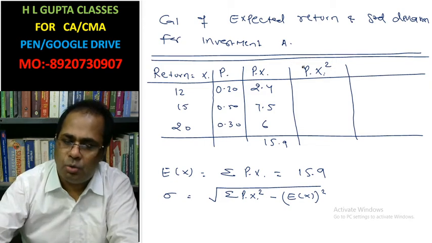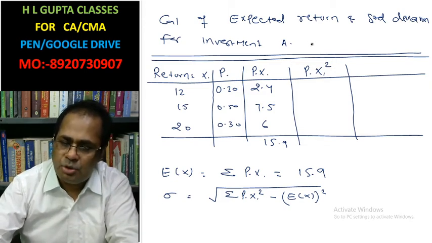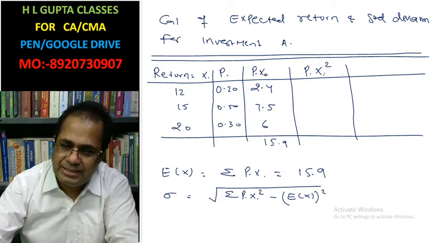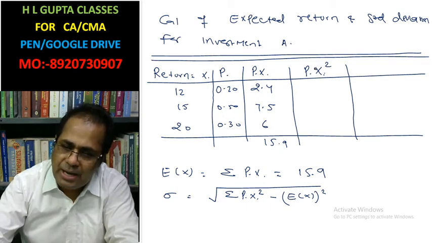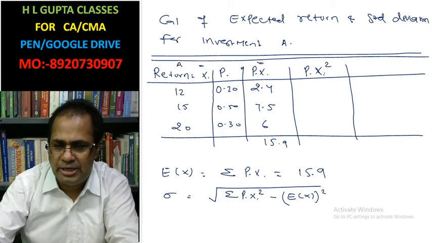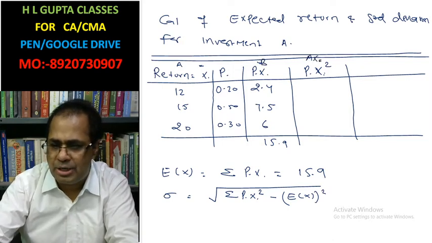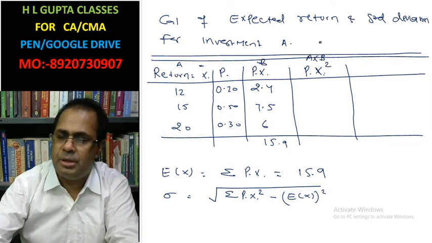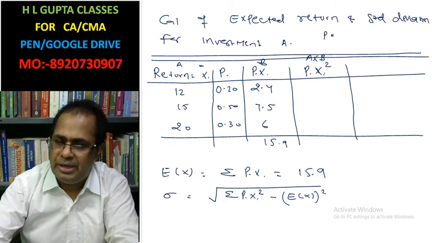Now PiXi, suppose you have PiXi and this is the X, then you have to make X square: PiX times X. If you multiply this, then PiXi square is what you need to calculate. Since PiX is already here, if you multiply by X, then what will come?